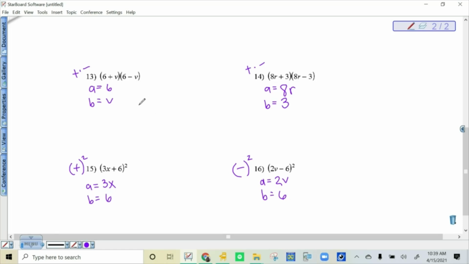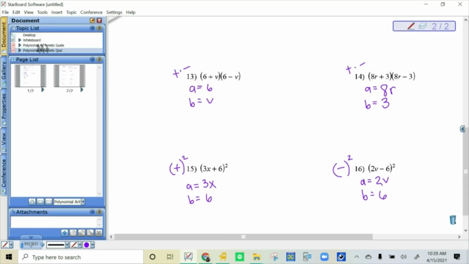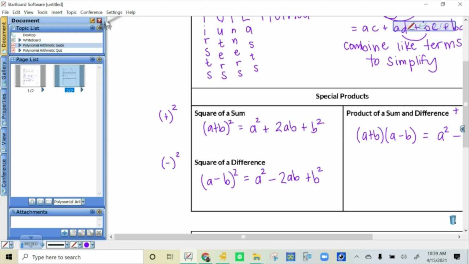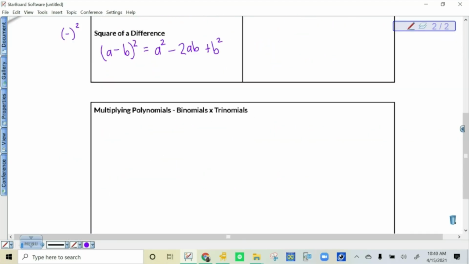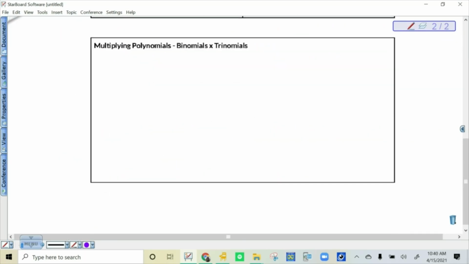Okay, so you should be able to pull the formulas from your guide, plug in A and B, and find your answers. Okay, and then the last thing we're going to go over on the guide is binomials times trinomials. How many terms are in a binomial? 2.